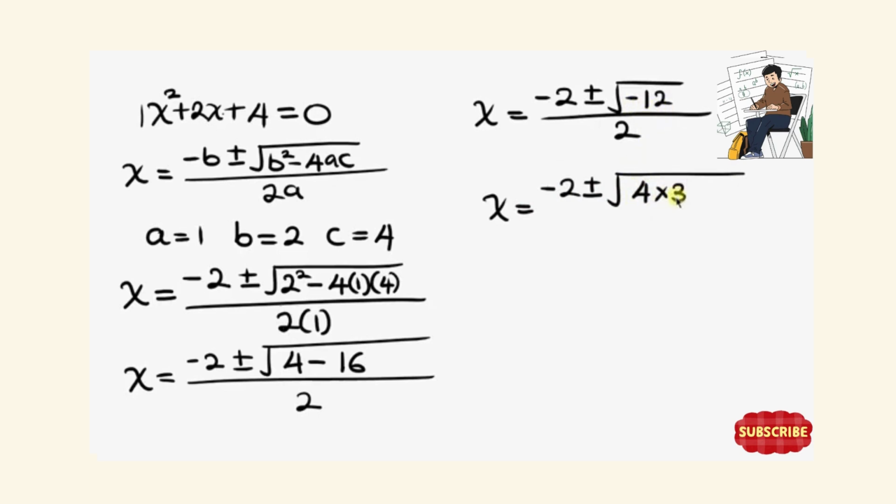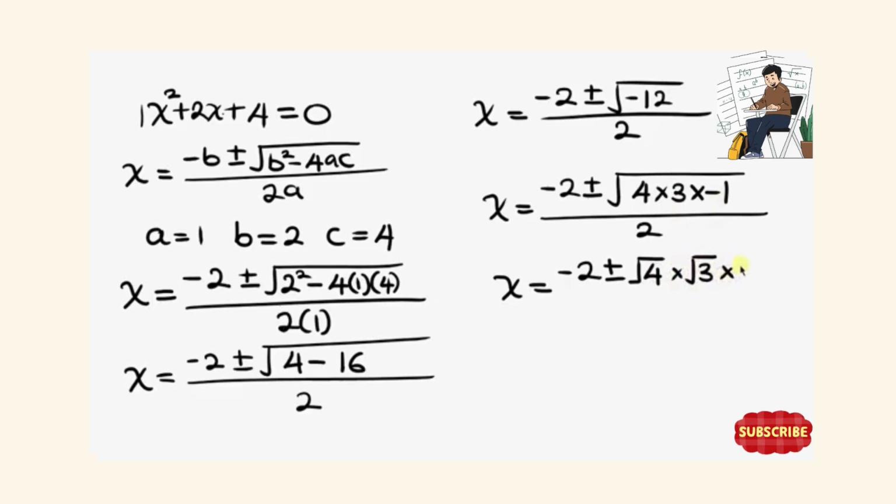So 4 times 3 is 12, and then times negative 1, which results to negative 12, all over 2. So this expression is the same as x equal to negative 2 plus or minus, now I'm going to be separating this into the square root of 4 times the square root of 3 times the square root of -1. Very good. All over 2.